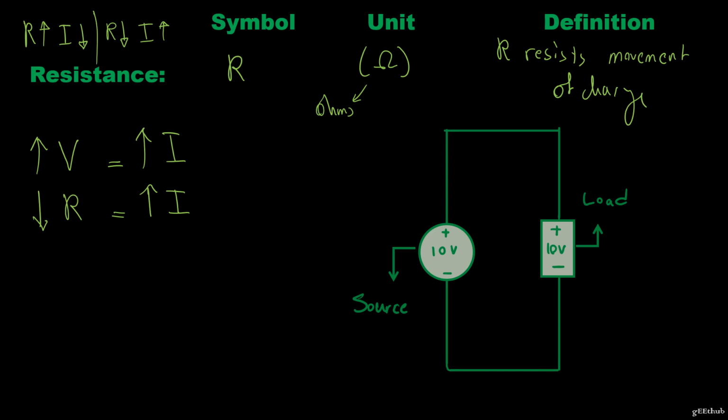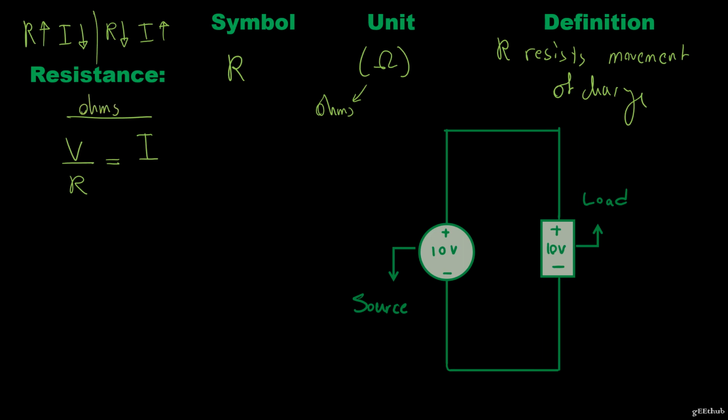So it looks like the relationship between current and resistance is inversely proportional. And with this, I'm going to write a relationship between these three, which is voltage over resistance of the circuit is equal to the current. And this is known as Ohm's Law.